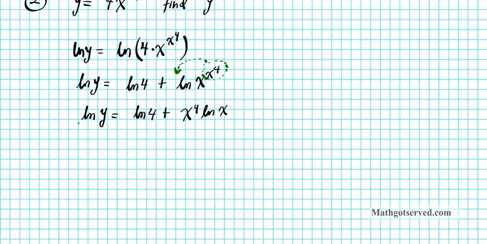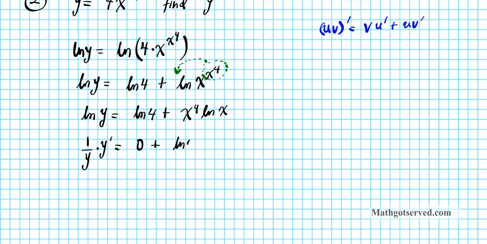So let's do it. Using the chain rule on the left side, the derivative of ln y is going to be 1 over y times y prime equals, this is a constant, so the derivative is 0, plus, now we're going to have to use the product rule here. Remember what the product rule is, right? The derivative of uv is equal to vu prime plus uv prime. Or you can do it in the other order, it makes no difference. So let's do vu prime.